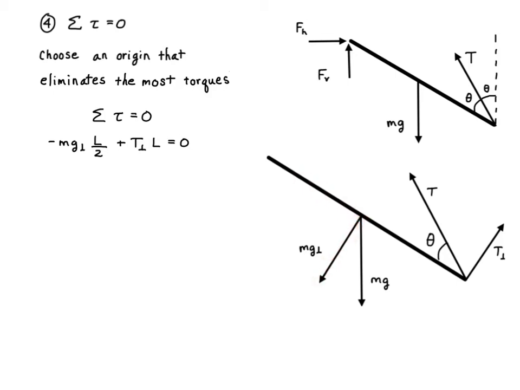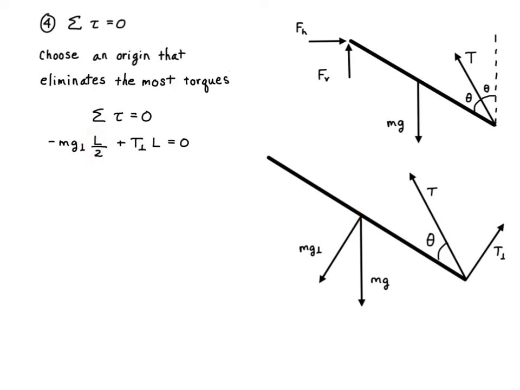Another way to look at it is we want to take r cross F. This is r, and if you curl your fingers towards F, your thumb will be pointing into the page. That's why there's a minus sign. So mg perpendicular, and then times r, which is, since it's in the middle of the beam, L over 2.